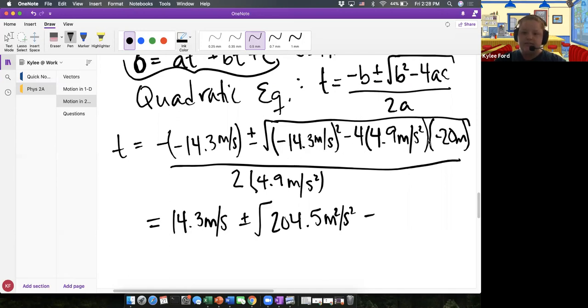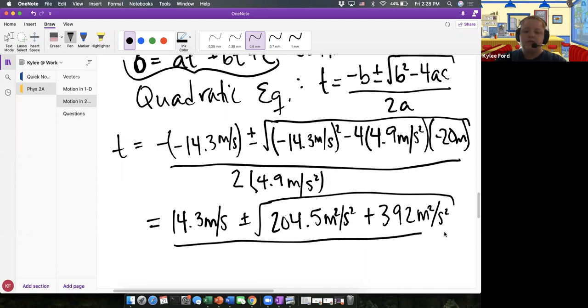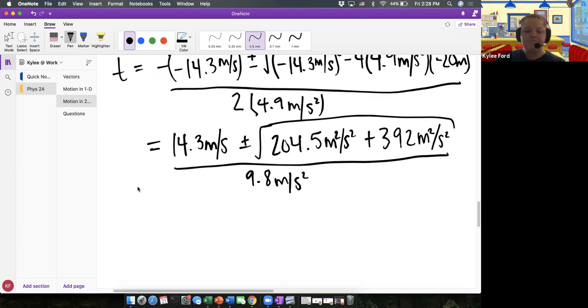This is a negative times a negative, so that's a positive. That comes out to 392 meters squared per second squared, and all divided by 4.9 times 2, which is 9.8 meters per second squared.